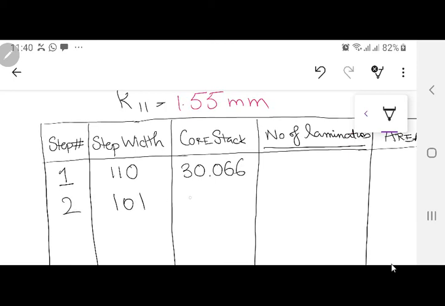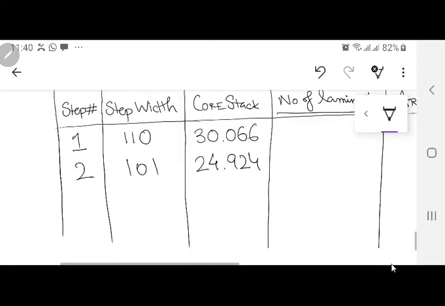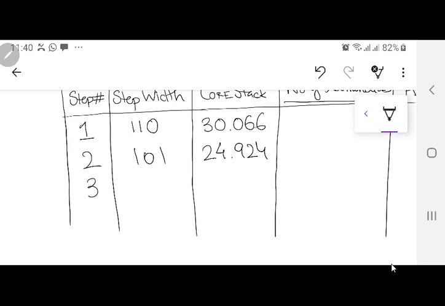What is K2? 24.924. All these are in mm, so that is why I am not writing millimeter with them. Next one 92, what is the core stack? 91, what is this value? 15.323.